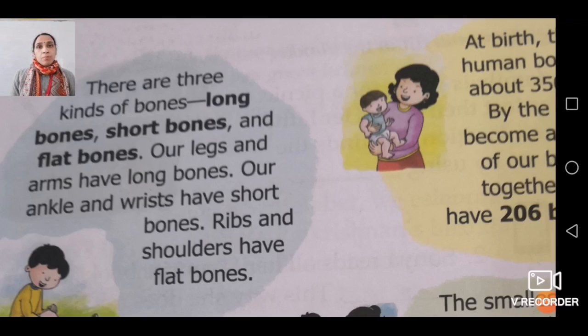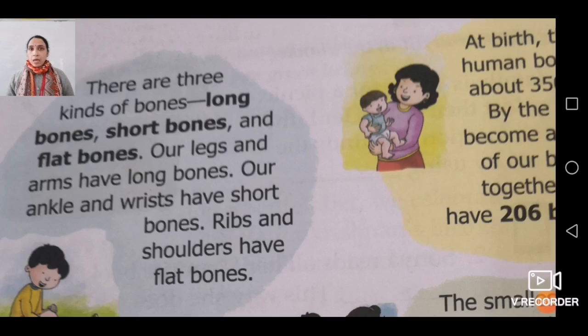Apart from long bones, we also have short bones and flat bones. Short bones means bones in your nose, face, ear. And flat bones appear as a covering of your internal organs. So those are your flat bones.